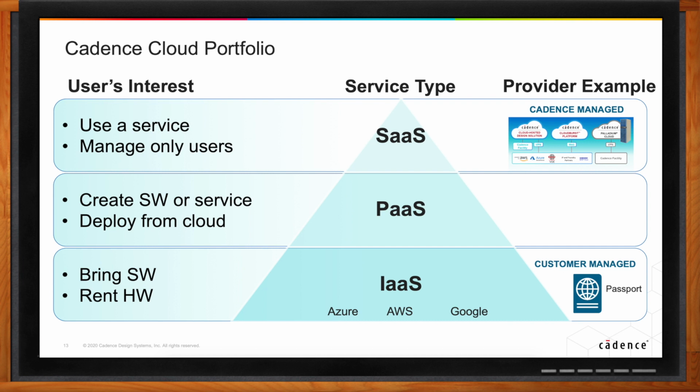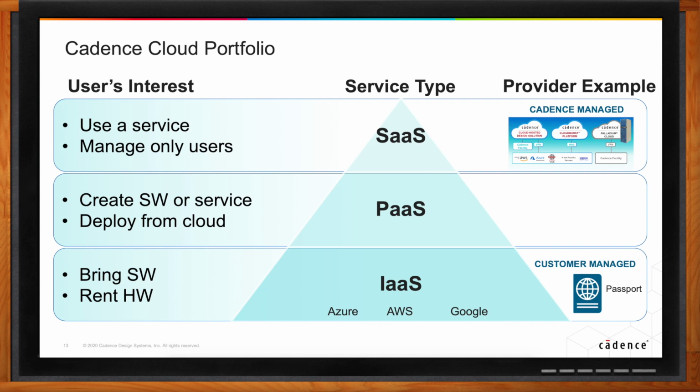There isn't anything that really matches the platform as a service because if you think about it, the customer's interest is not in creating additional EDA solutions. The customer's interest is in creating a silicon design. And the simplest way to do that is probably using Cadence as a software as a service, meaning that the customer's responsibility is really to think about the users and leave the cloud management to Cadence.